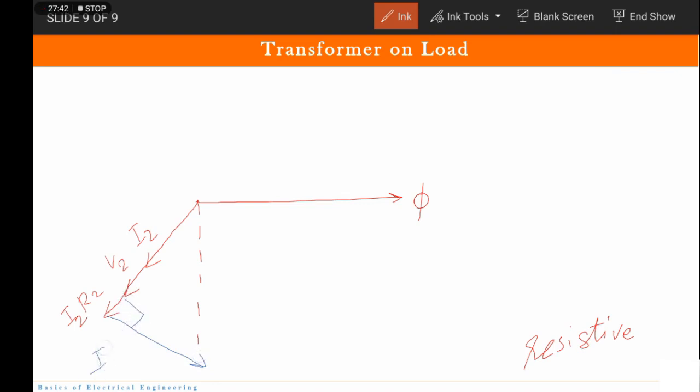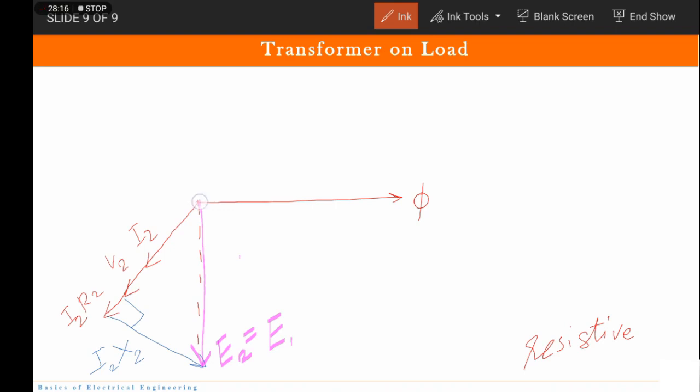So this is I2X2. What is I2X2? The drop across leakage reactance. The resultant of this is E2, which is nothing but E1. Got it? So this is how we get E2 and E1.